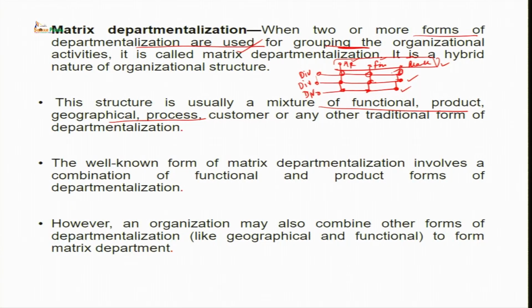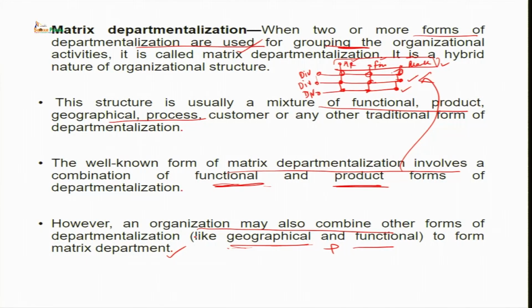So, here for instance, the sales department of an organization may be classified and grouped on the basis of various products it manufactures. And the well known form of matrix departmentalization involves a combination of functional and product forms, which I have already explained here.